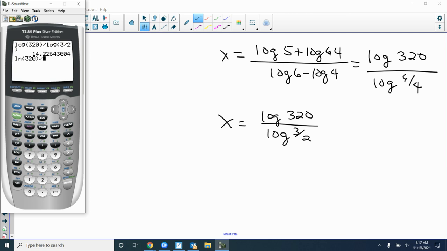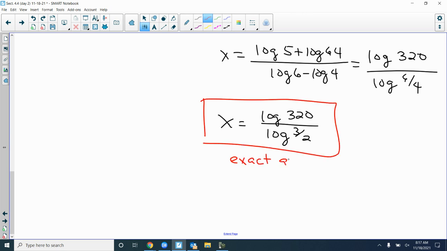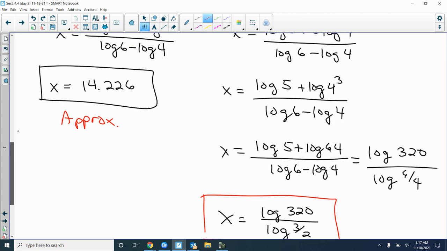So if I do natural log, it's still going to get the same thing. Okay, for that. This is exact. Exact. Know the difference. If I ask for the approximate answer or if I ask for the exact answer, know the difference. Okay, for some reason everybody gets those confused. That does not deal with any round off.